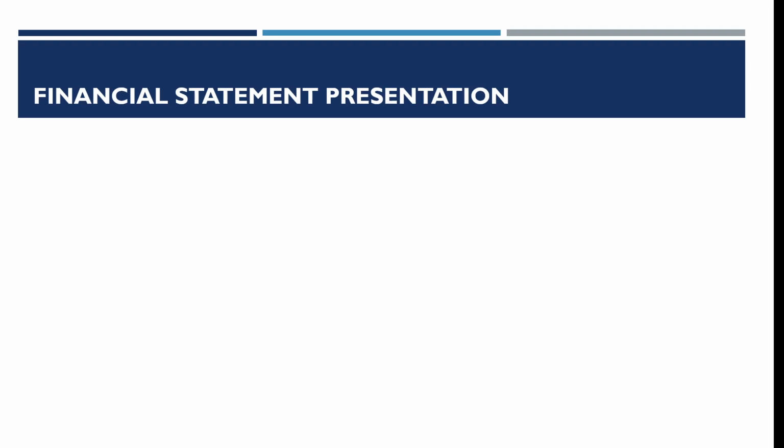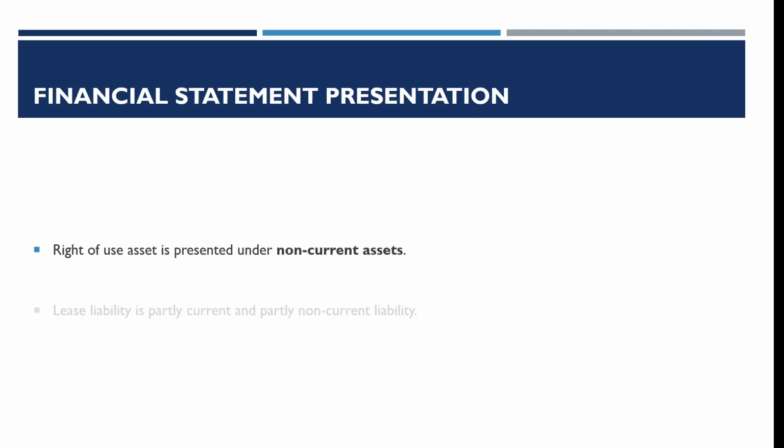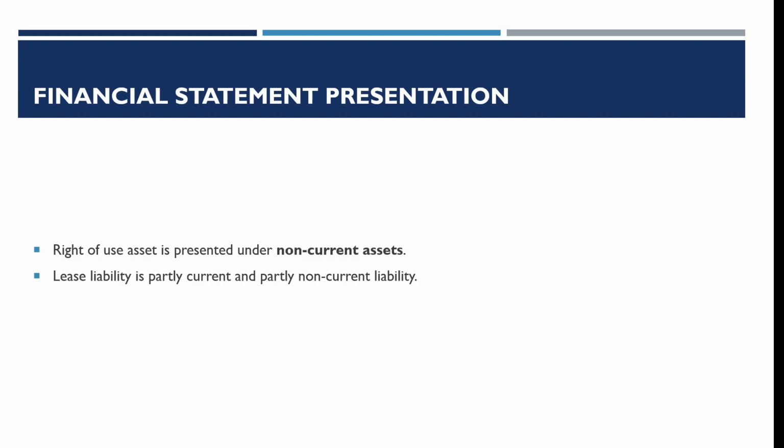Financial statement presentation. How do we present right of use asset and how do we present the lease liability? Right of use asset is presented under non-current assets. Specifically, that is under property, plant, and equipment. Next, on the other hand, pagdating kay lease liability, it is partly current and partly non-current liability.